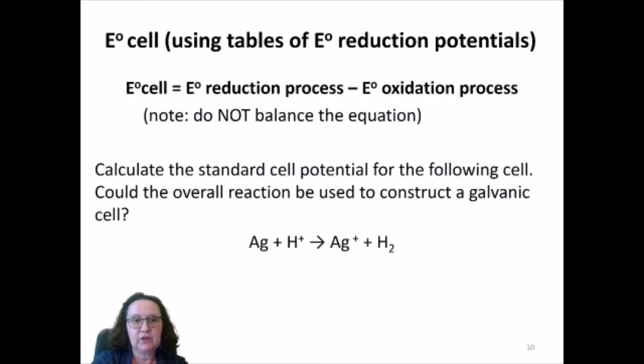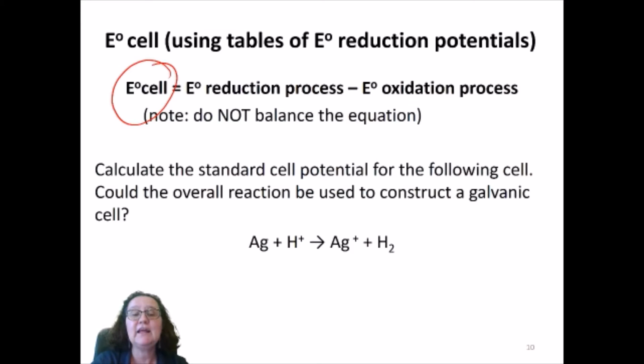Whether a particular redox pair, a reduction and an oxidation reaction, would be spontaneous or not, that is, whether we would be able to construct a galvanic cell using that particular redox pair, is based on the electrode potential of the cell they make.